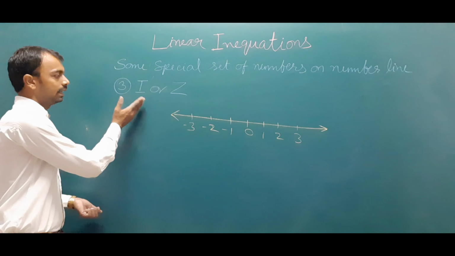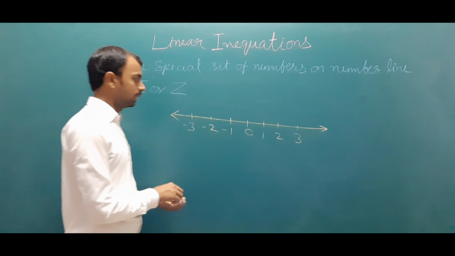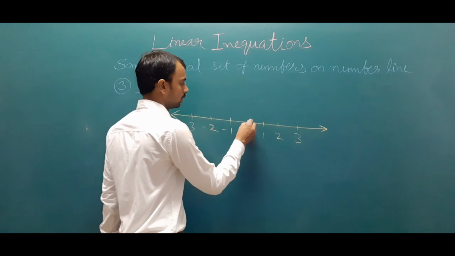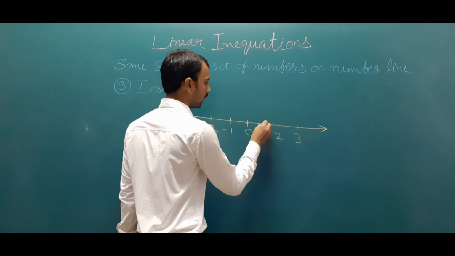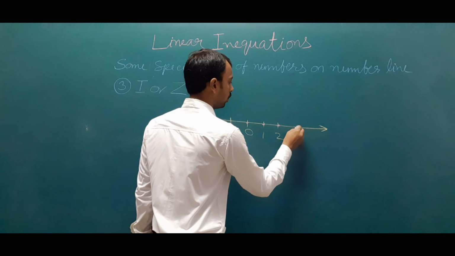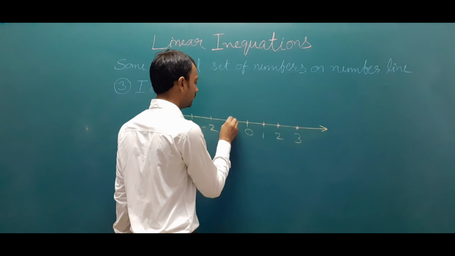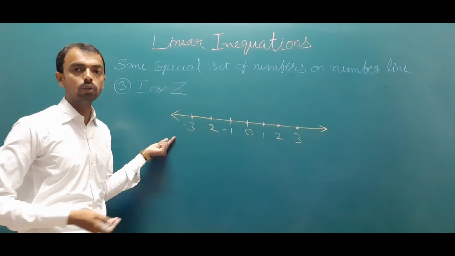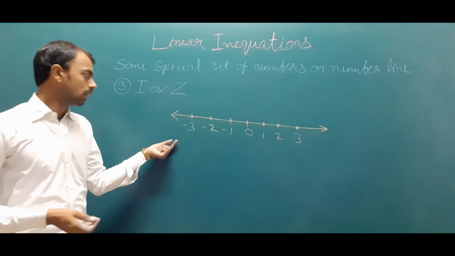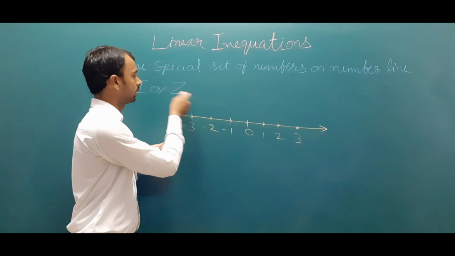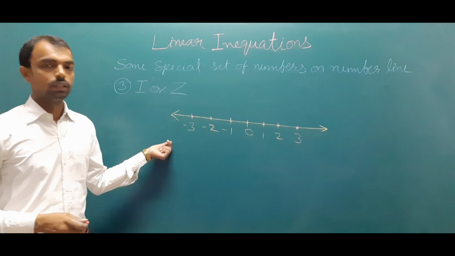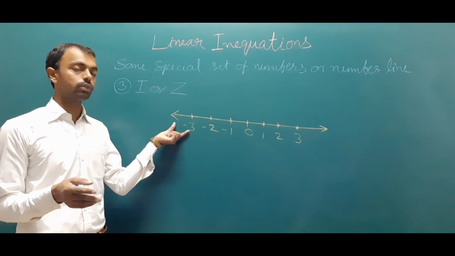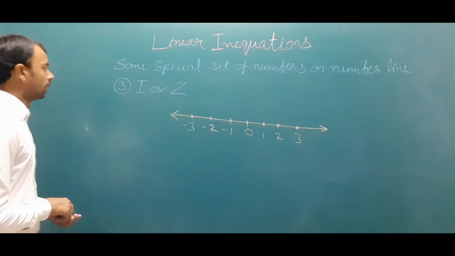So integers will be represented by dots on the number line, similar to whole numbers and natural numbers, but here the negative side will also be included, isn't it? The negative side will also be included in the solution set. So this is the representation of solutions on the number line.